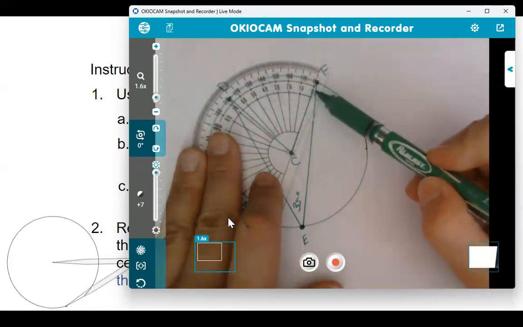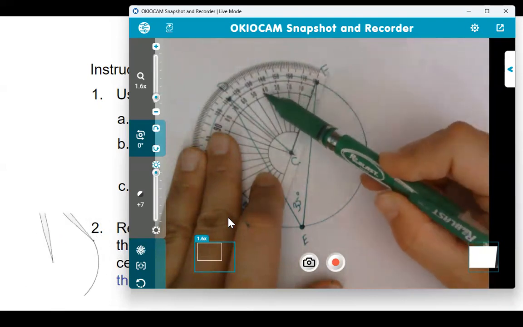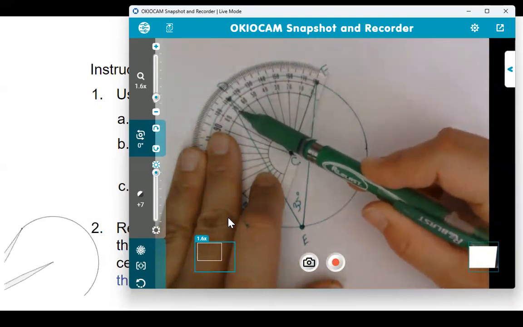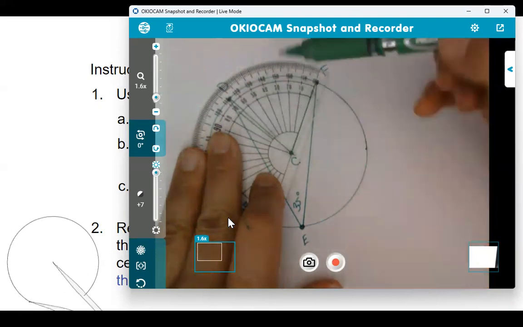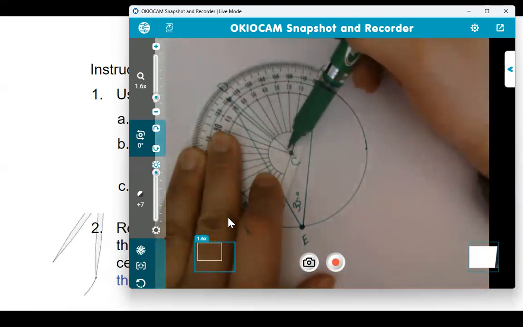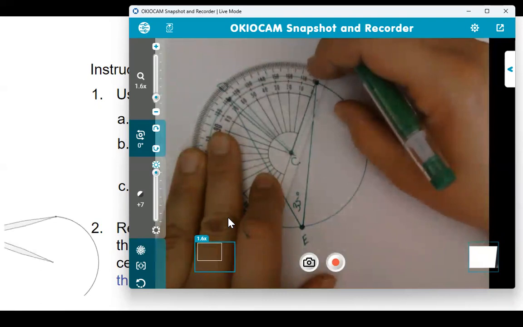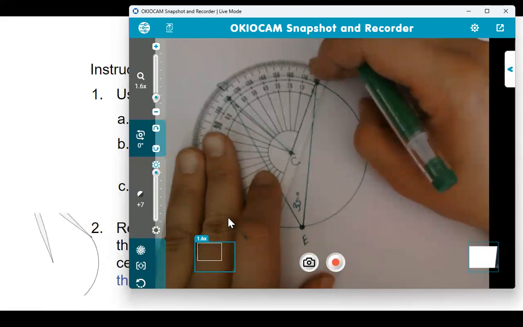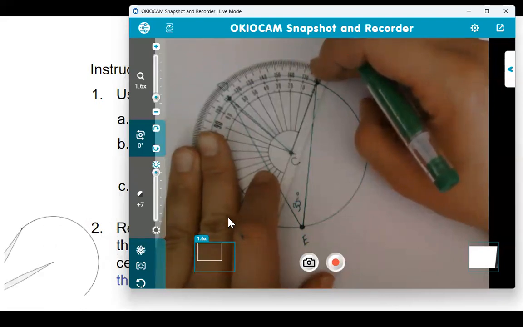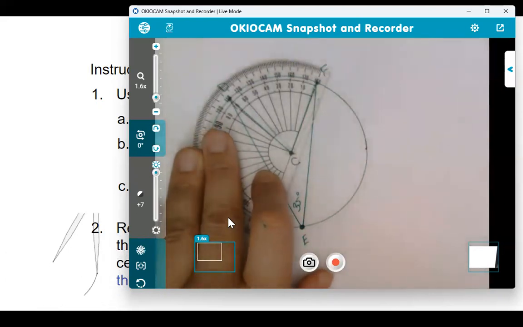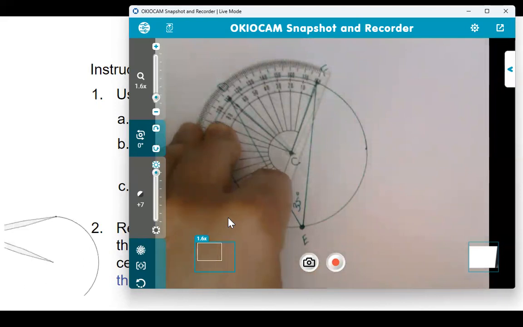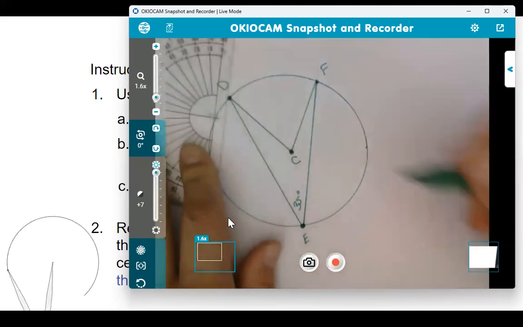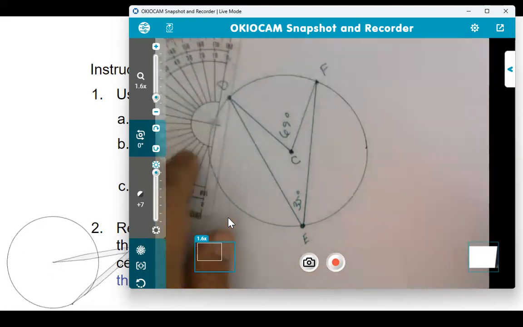So we have 0, 10, 20, 30, 40, 50, 60, all the way to 60. Let me align it much better. It seems to be 69, 68. I'm gonna go ahead and leave it at 69.